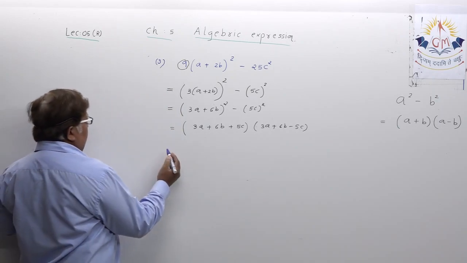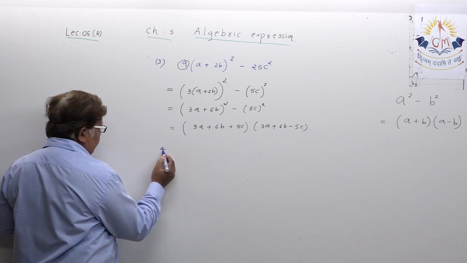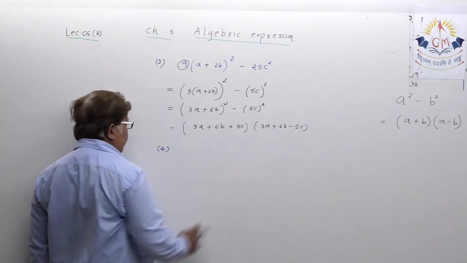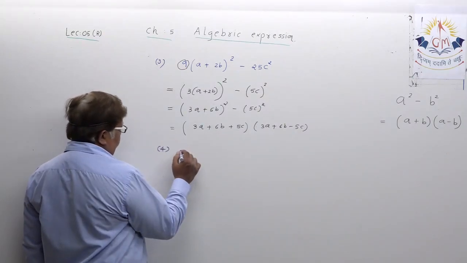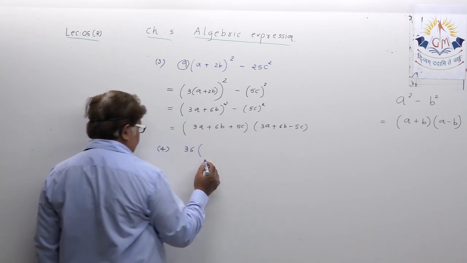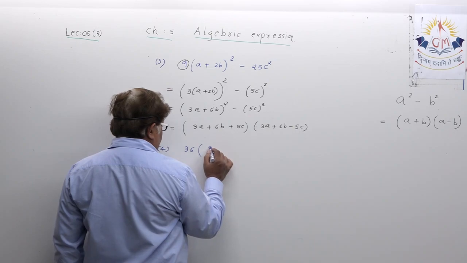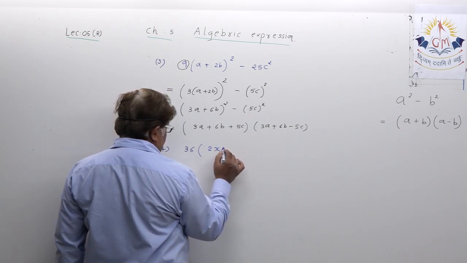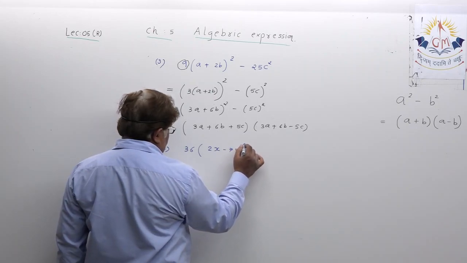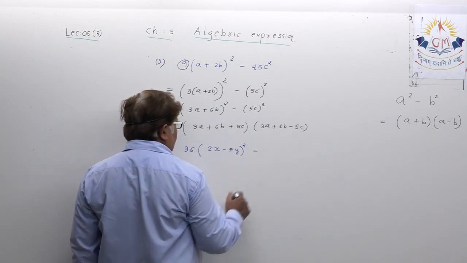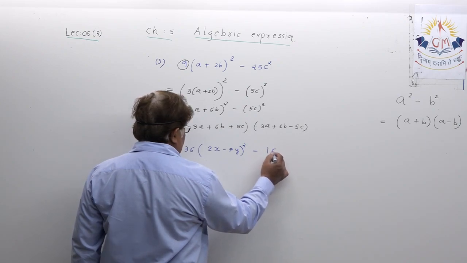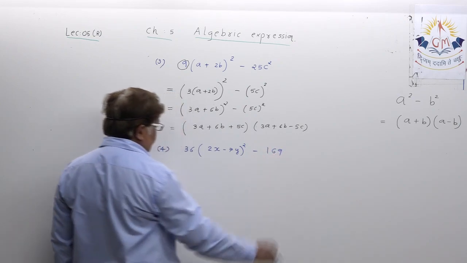Can we give one more example as a self-learning practice to you? Let me write. Please concentrate here. 36 times (2x minus 7y) whole square, minus 169.